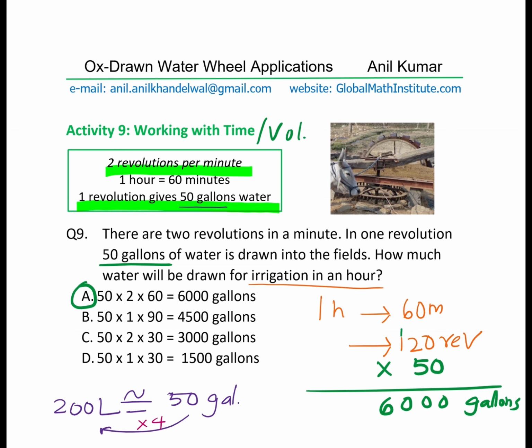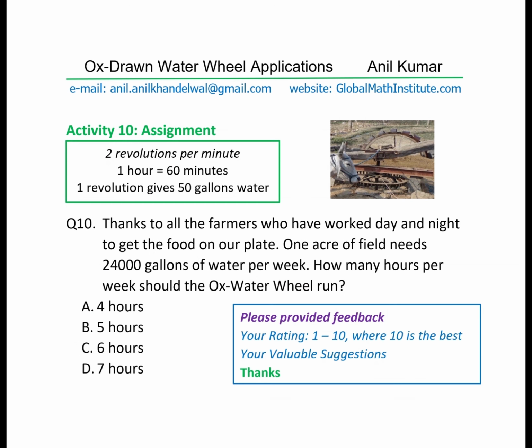We are now almost at the end of this video. Activity number 10. Take this as an assignment. It is a summary of all what we did today in this video. Right? So we'll begin with our basic information, which is 2 revolutions per minute, right? So the number of revolutions per minute is 2.